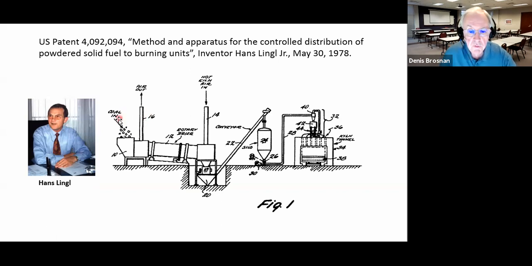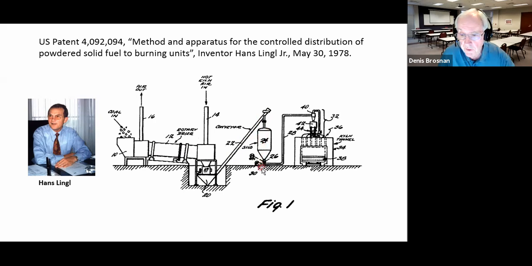So the coal from a crusher is taken through a rotary dryer in this particular instance, and it's dried to a specified moisture content, dropped into a hopper from the rotary dryer discharge. A screw auger elevates the solid fuel into a bin.